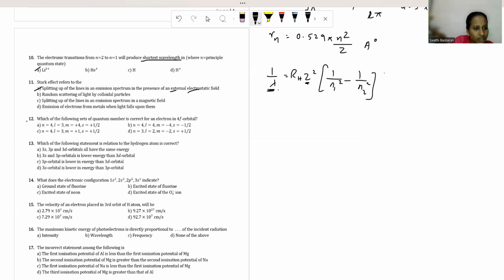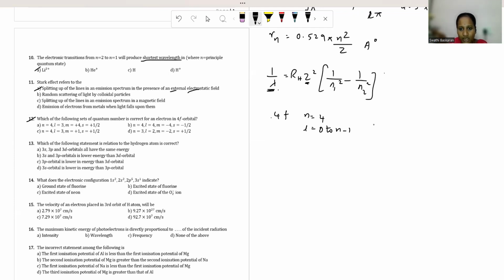Now coming to question number 12. What is question number 12? Which of the following sets of quantum numbers is correct for an electron in 4f orbital? Based on writing 4f, it is understood that n must be equal to 4, the principal quantum number, and L value ranges from 0 to n minus 1.